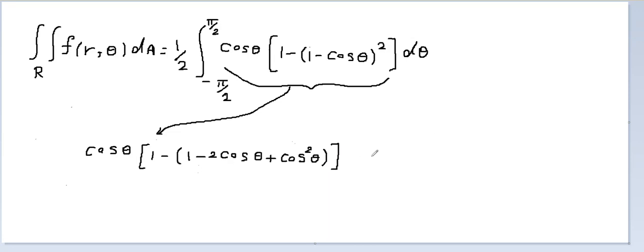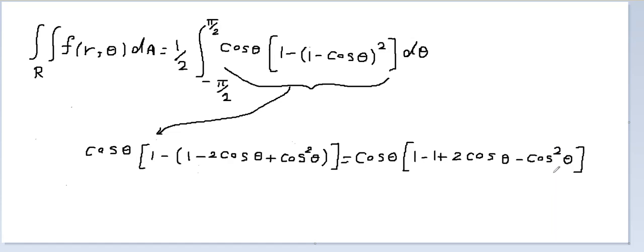And this equals cosine theta times 1 minus 1 plus 2 cosine theta minus cosine squared theta.